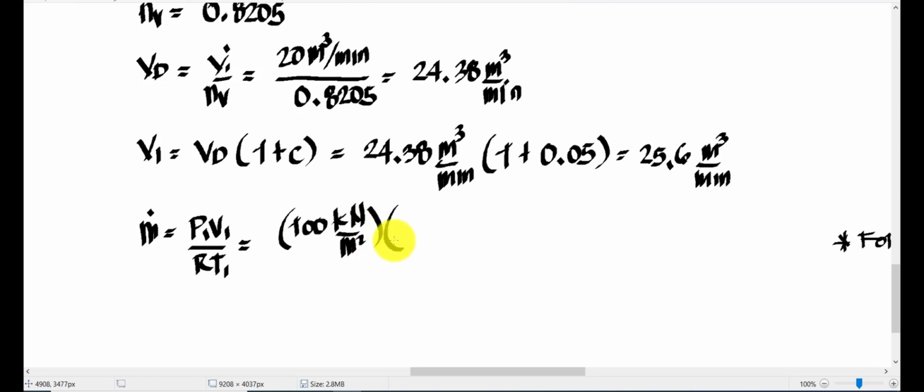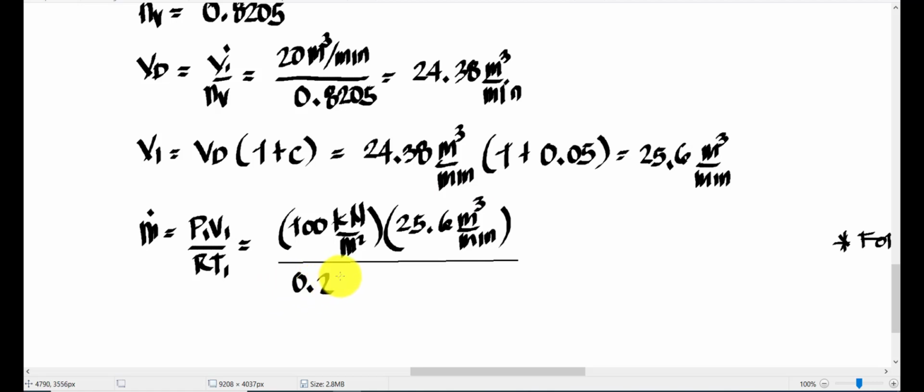Then I'm going to multiply it by V1, which is 25.6 cubic meter per minute. Then we shall divide it by your R of air, which is 0.2967. Okay.